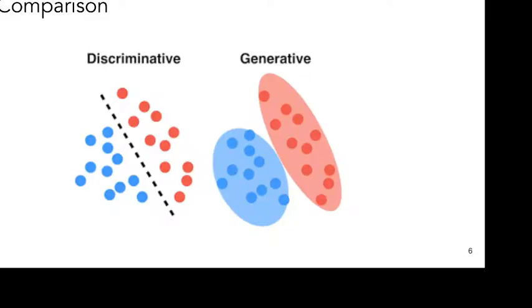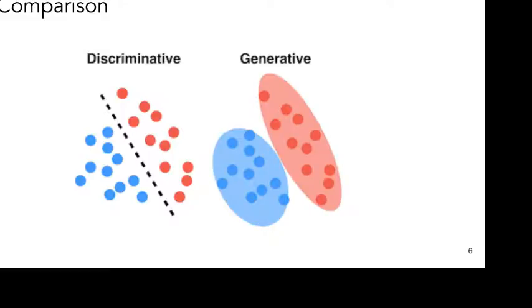So this is just another comparison. On the discriminative side on the left, we're predicting a class boundary between the blue circles and the red circles. So that's predicting blue or red based on where the data point is, in this case.